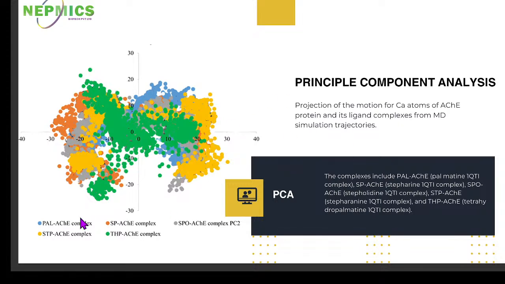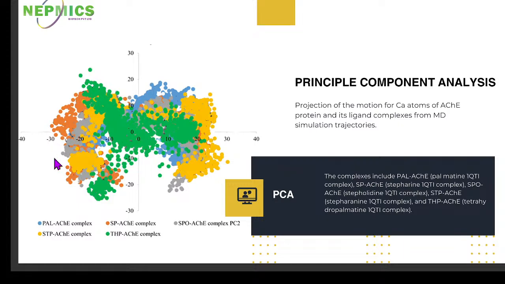If you see the green coloration, it is present in the central region, and it is more clustered in that region. So it looks like in this case the tetrahydropalmatine complex does not have that kind of flexibility.